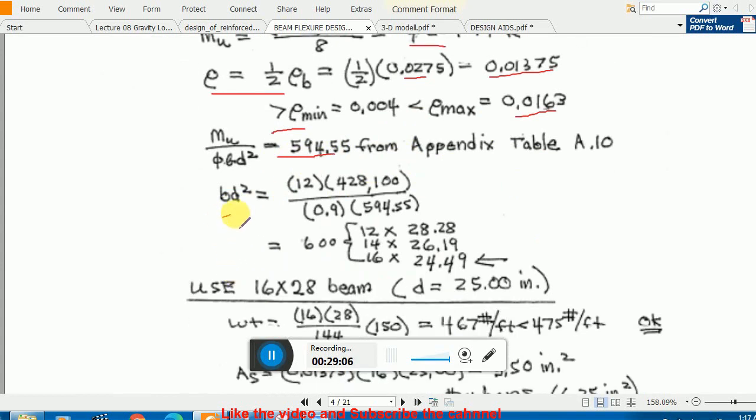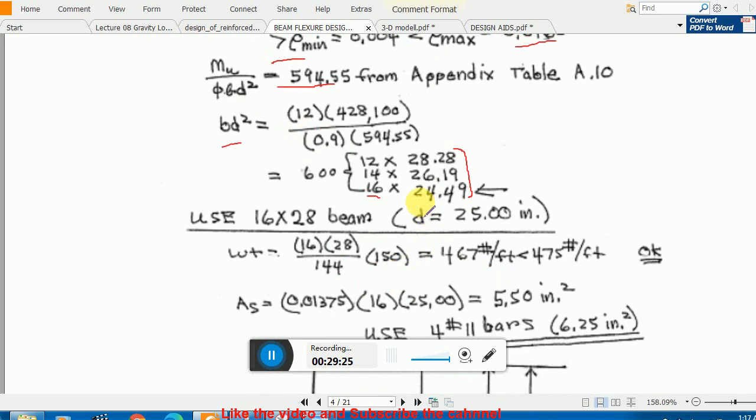Now again you need to find out bd. Assume your b, let's say it is 12, 14, 16. Now you did the calculation taking the square root, and you got the d value. Now you have an option. What option are you using? We are using this option.